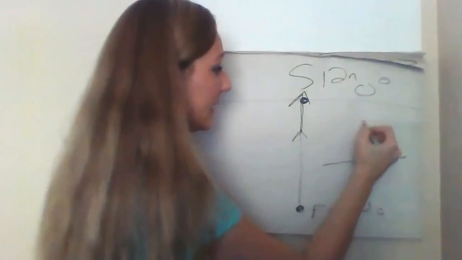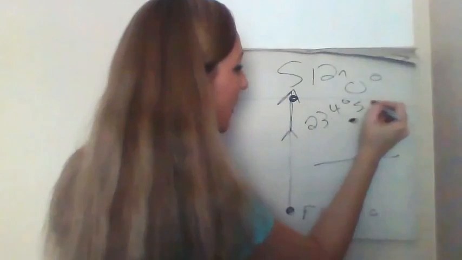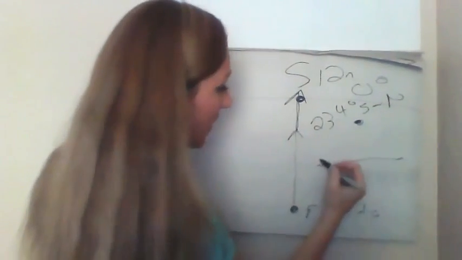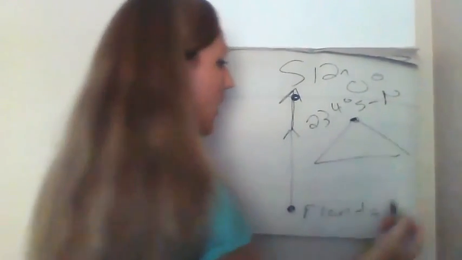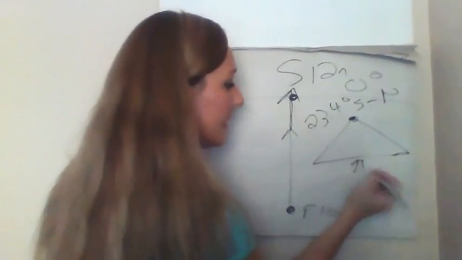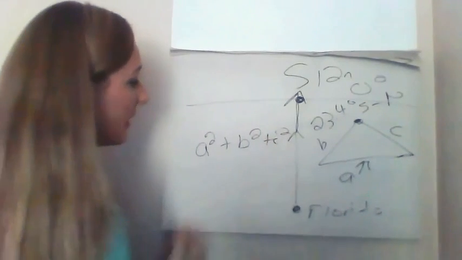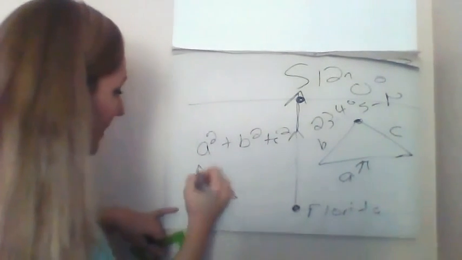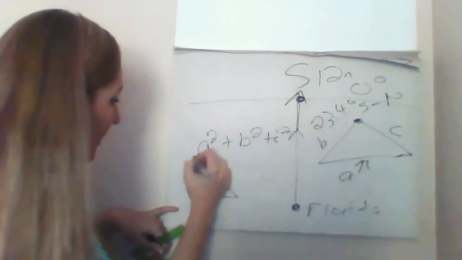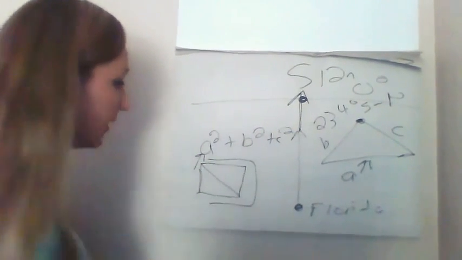Then if I can measure those distances, and then where I see the sun at noon, based on the angle of 23.4 degrees south to north or north to south, I can possibly, if I can tell this distance, A, B, C, Pythagorean theorem, A squared plus B squared plus C squared, okay? That is because that's just this. This is a triangle, which is this, but this is the whole A, B, C, okay?